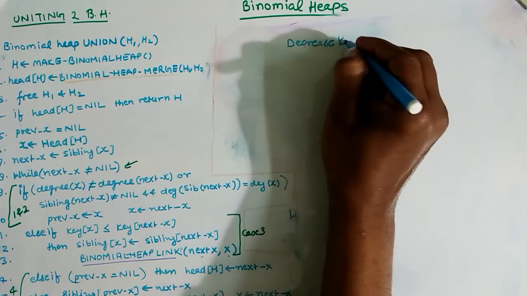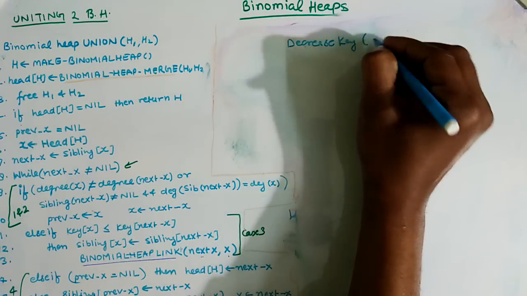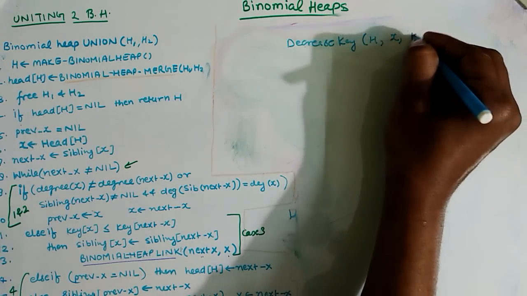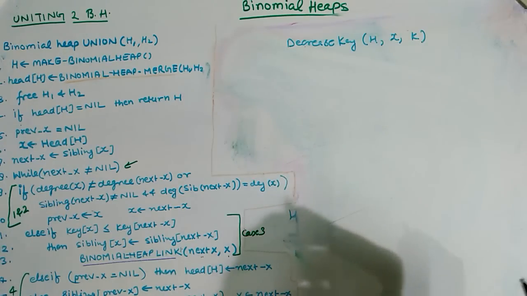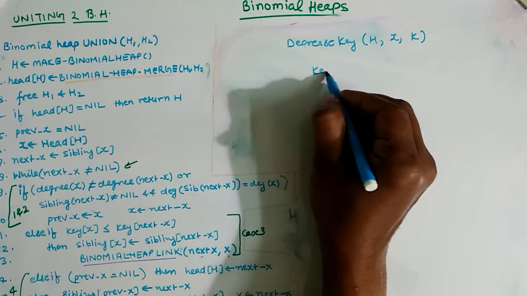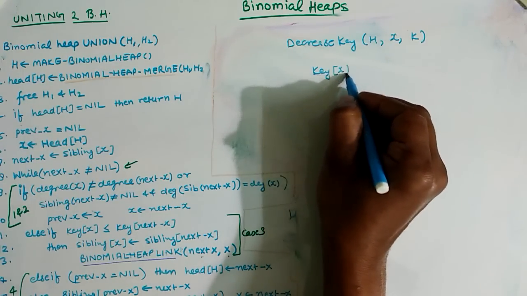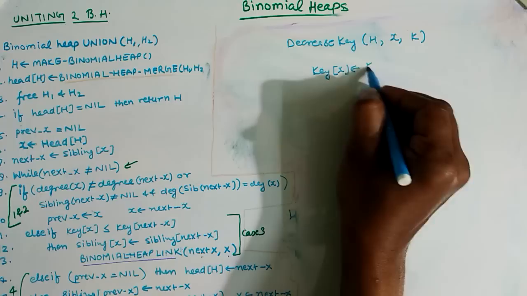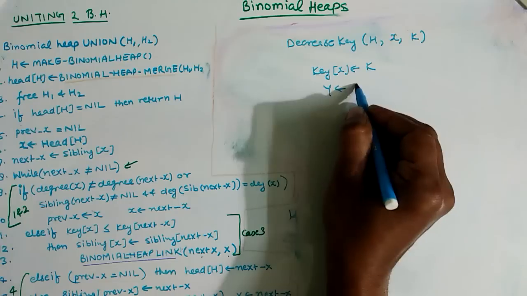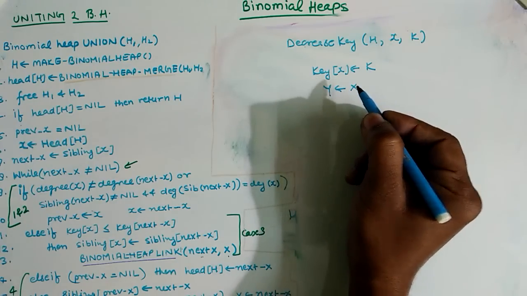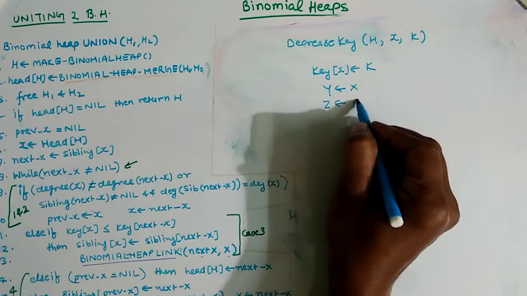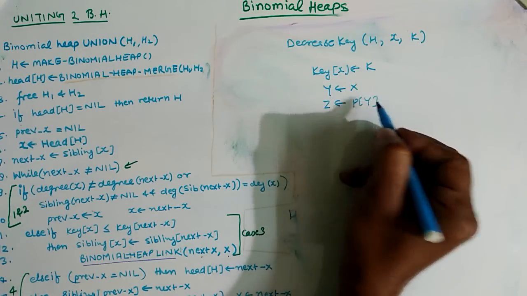Now the other two operations are decrease key and delete. If you want to decrease a key in the binomial heap h for the node x, with the new key k, what we do is update the key value of x with k. Then we make a pointer y to x, and make z the parent of y.